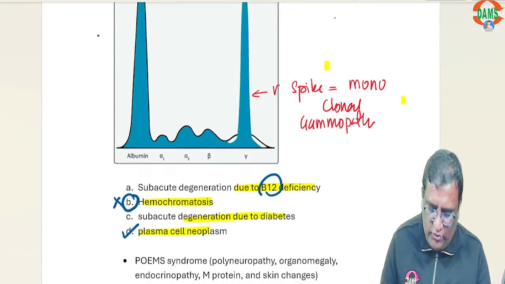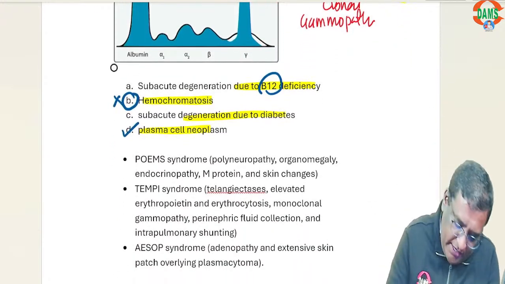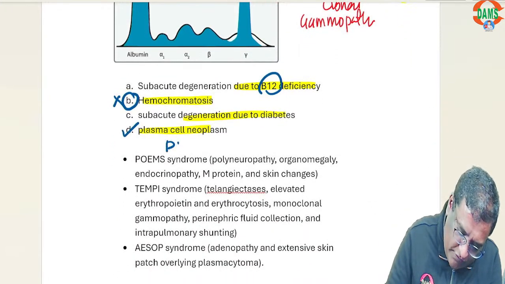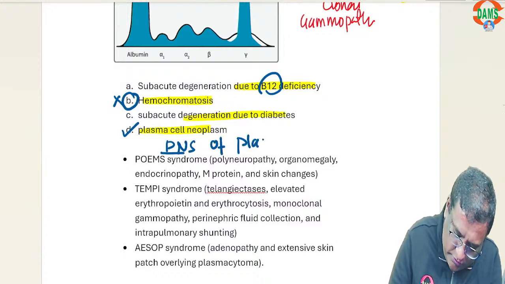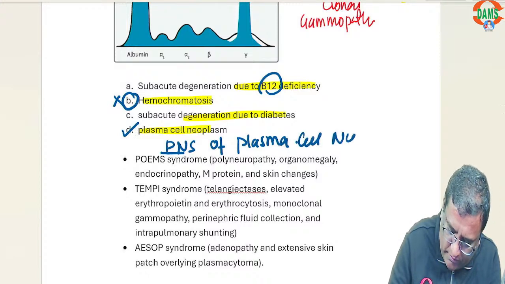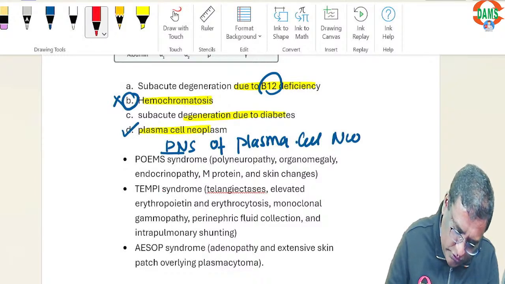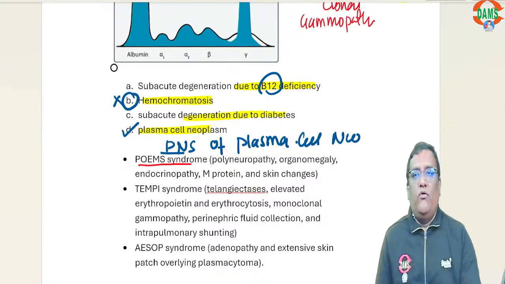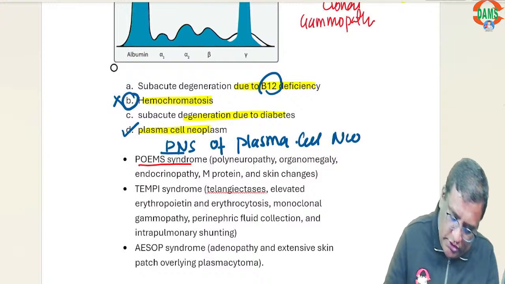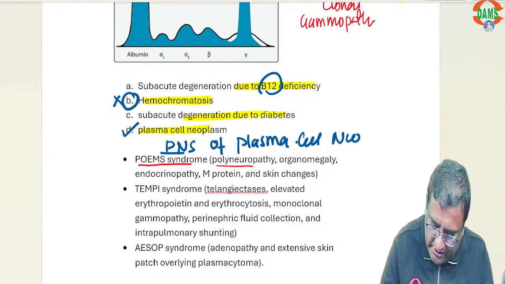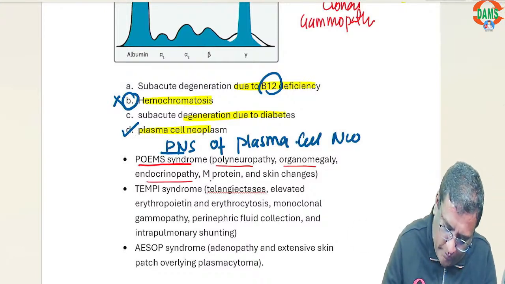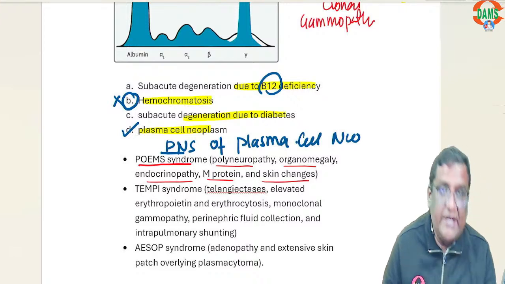The paraneoplastic syndromes of plasma cell neoplasms, or multiple myeloma, are important. One is POEM syndrome: polyneuropathy, organomegaly, endocrinopathy, M protein and skin changes.